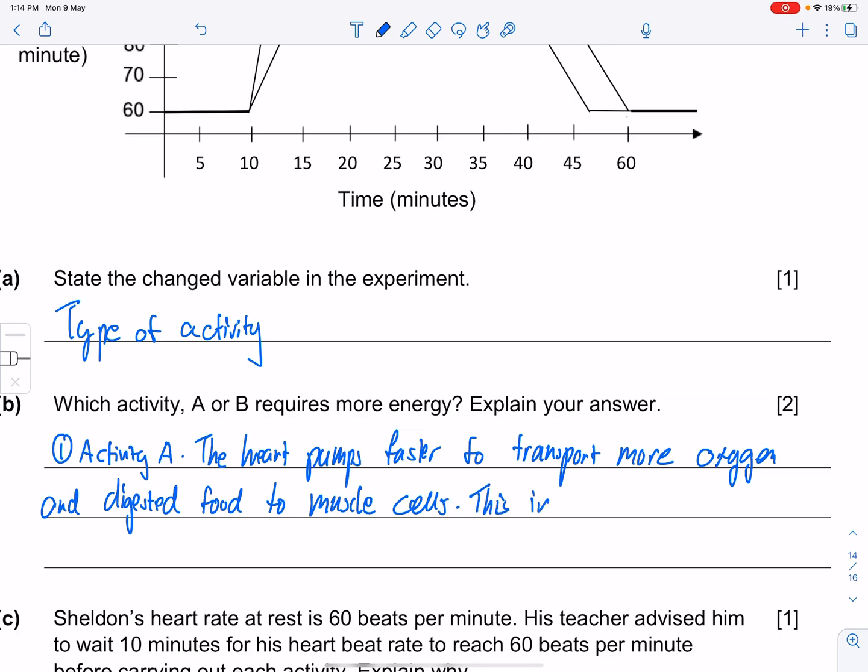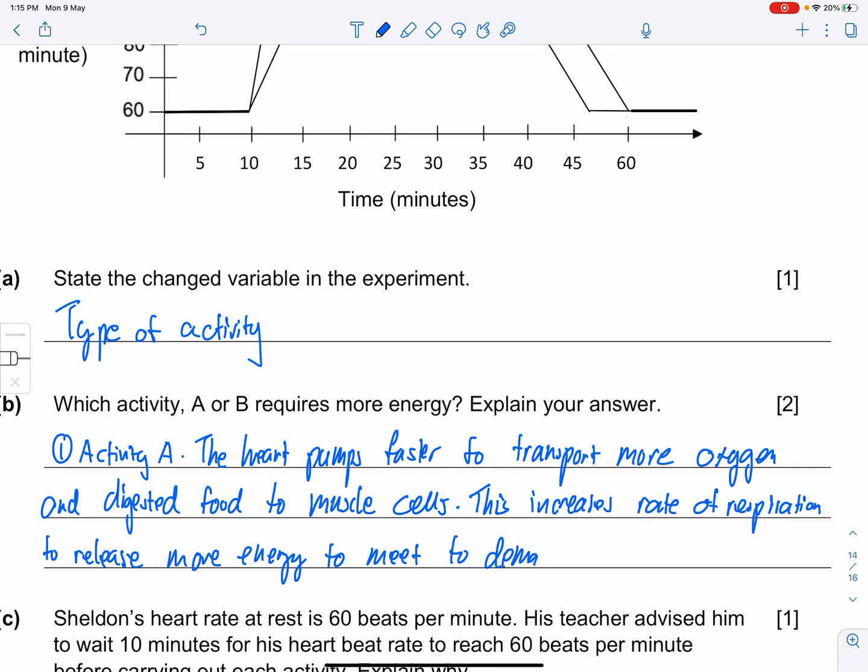This increases rate of respiration to release/produce more energy to meet the demands.